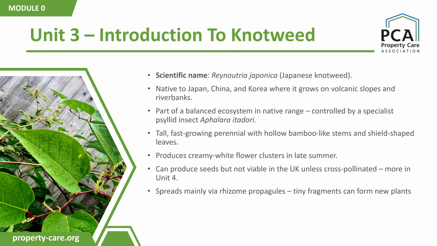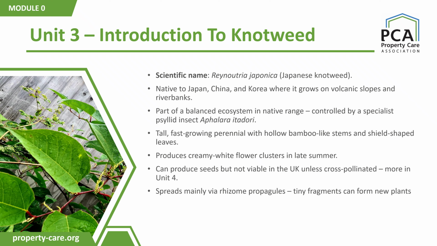These include the specialist insect Aphalara itadori, which feeds specifically on knotweed, various leaf spot fungi and other plant diseases, and it is also outcompeted by native plants. Together, these factors prevent knotweed from becoming invasive in its home environment.